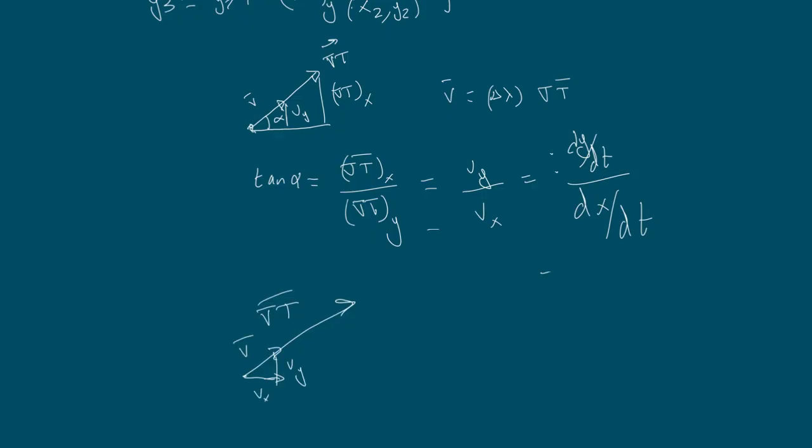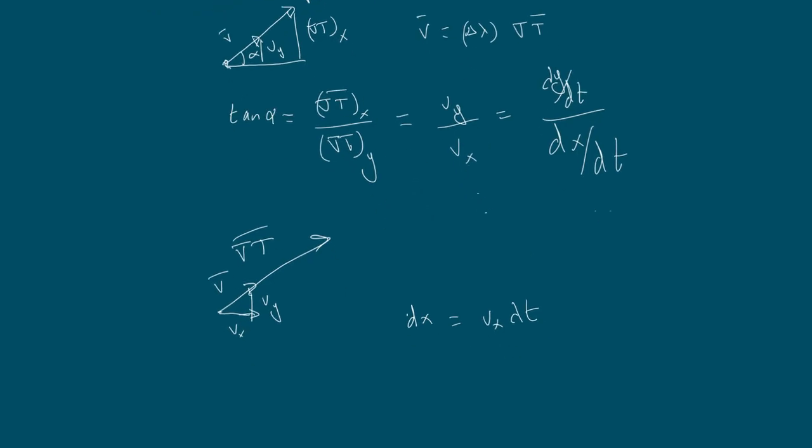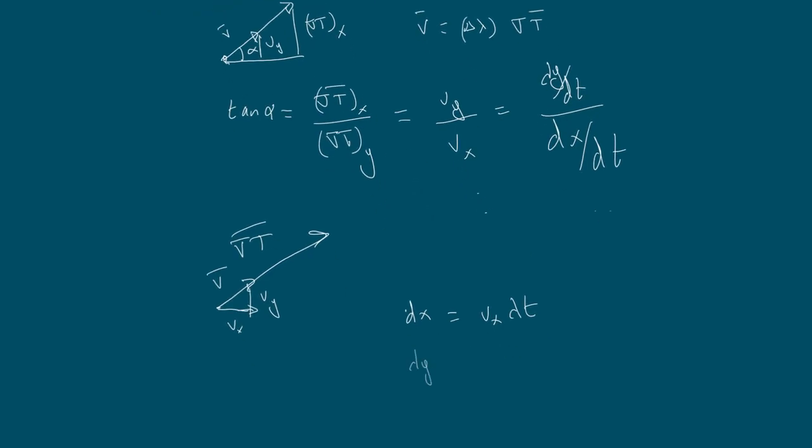Now when it moves, vx will produce a dx, and the dx that it will produce will be vx by dt. And when it moves, the dy, let's put it here in another color. So this is the dr, this is the dy, and this part is the dx. So the dy will be vy by dt. Perfect.